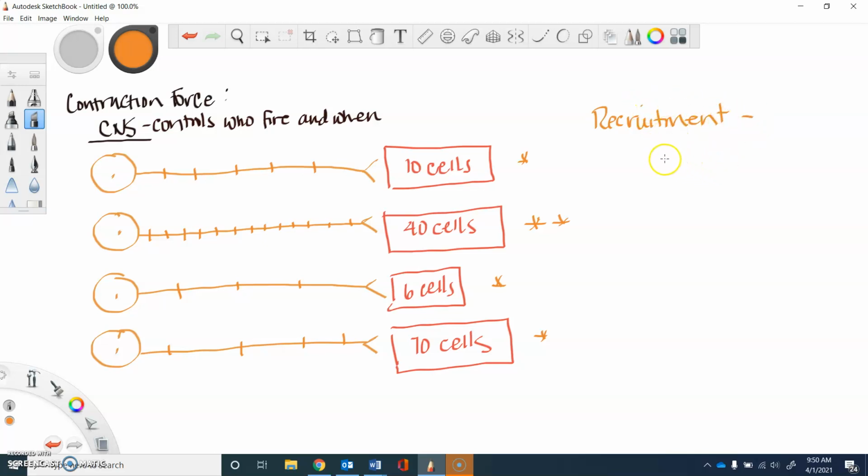And it has a special name called asynchronous recruitment. Asynchronous recruitment is where motor units fire at different times.